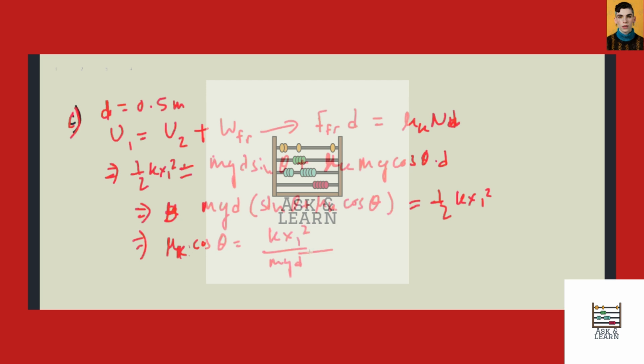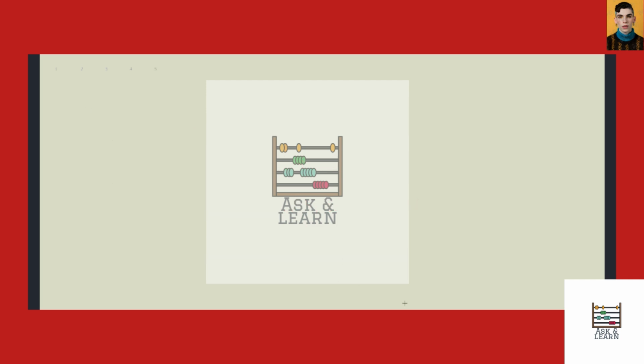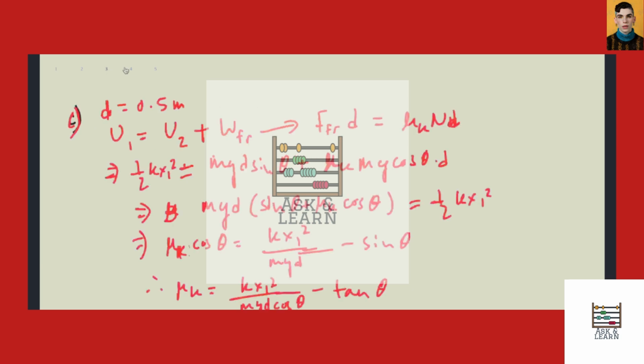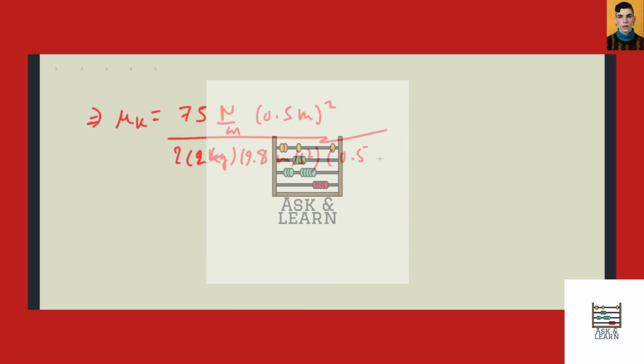All right, now let's plug in the values. We have mu sub k is equal to 75 newtons per meter times 0.5 meter quantity squared over 2 times 2 kilograms times 9.8 meters per second squared times d cosine theta, so 0.5 meters cosine 41, minus the tan 41.